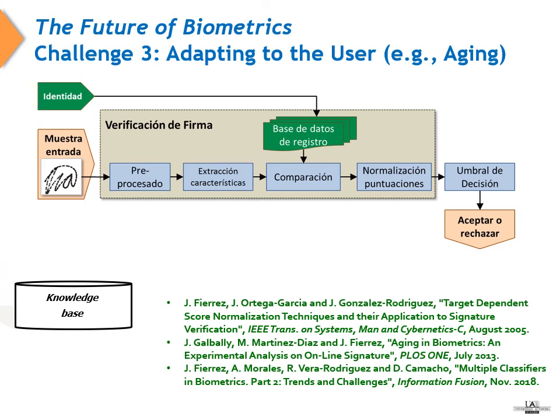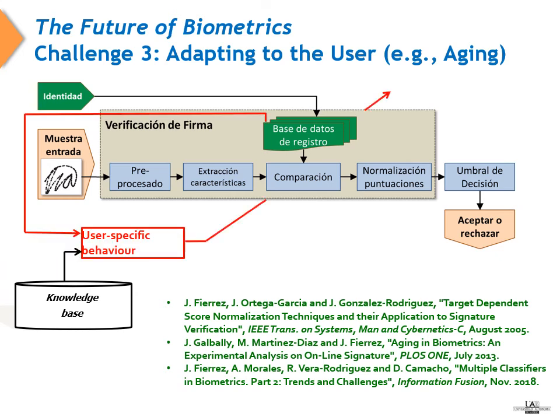Third challenge, we have seen in some biometrics, especially in the behavioral biometrics like signature, behavioral biometrics from the interaction with the smartphone, speech, gait, and so on, that different subjects can behave very differently. For example, in signatures, we can have some subjects with very short signatures, others with very long, very complex signatures.